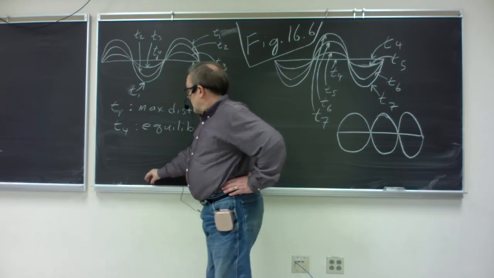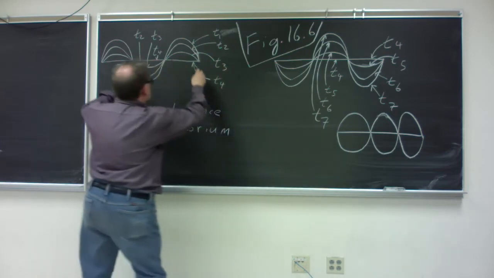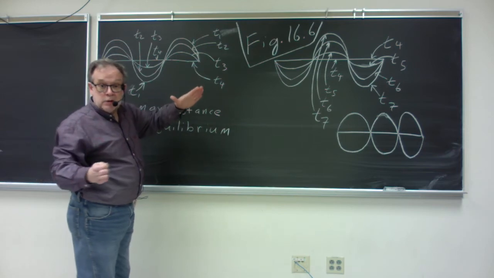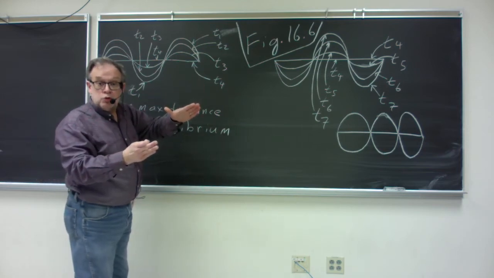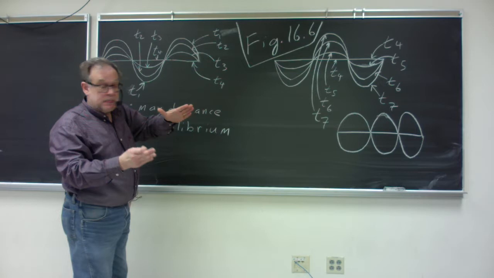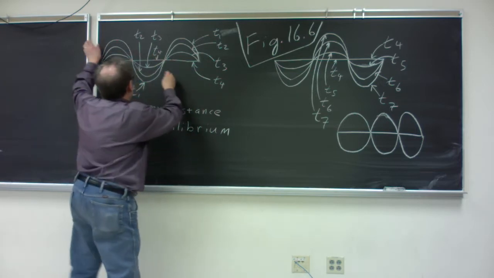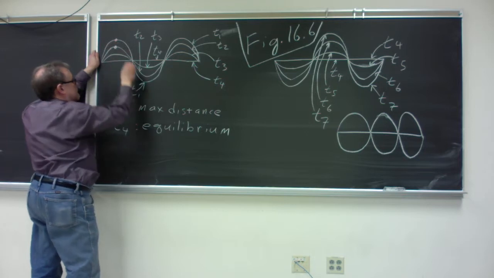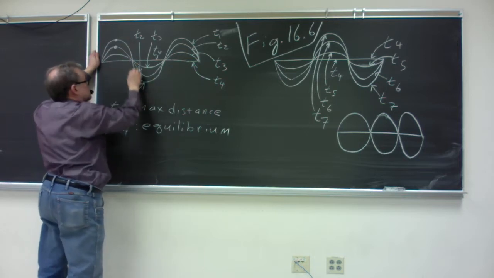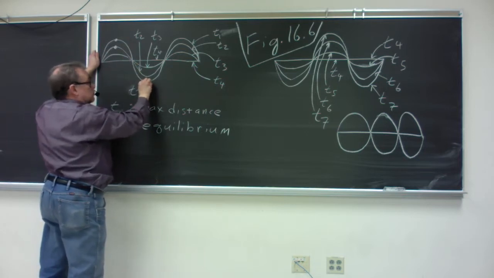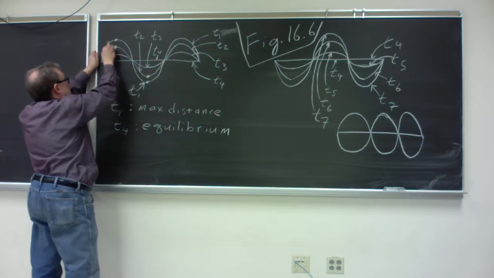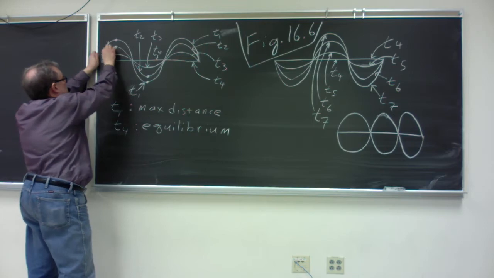And then, as time goes by, as you go from time 1 to time 2, every point is moving towards equilibrium. So, for example, this point will have moved from here to here, and then this little bit of string will have moved from here to here, and this bit of string would have moved from here to there.